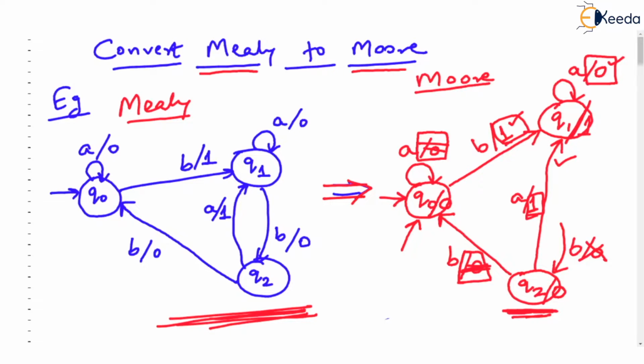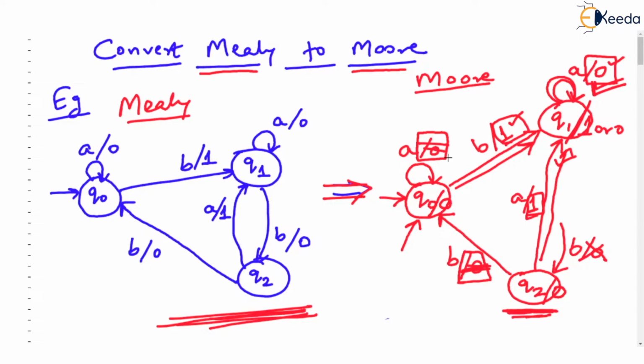You cannot write 1 or 0 like this. No, you can't. A state should have either output 1 or 0. But there is a problem. When this state reads A, it remains in the same state and outputs 0. Also observe that this transition is going to give output 1, and this transition is also going to give output 1.